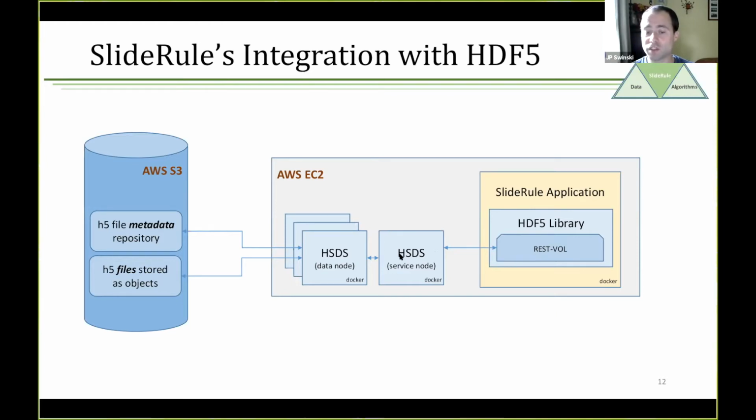The HSDS service node, running in a Docker container, will fan that read request out over multiple HSDS data nodes. And then those data nodes will, in parallel, look at the metadata repository, get information about the files they need to read, and then go to the original files and read those files directly. And so that was our architecture for a year.